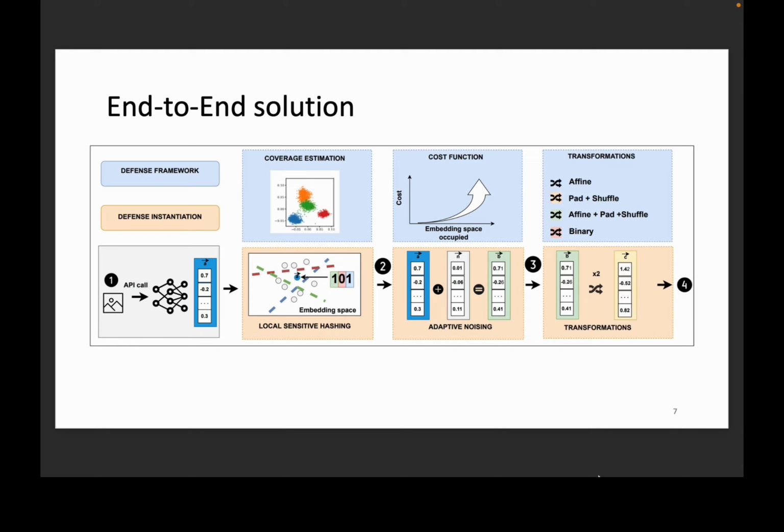We map this coverage to a particular cost using a predefined cost function. To prevent model stealing, we express this cost as noise added to the representation. Finally, to prevent Sybil attacks, we transform these representations before returning them to the user. This transformation is unique for each user API endpoint.